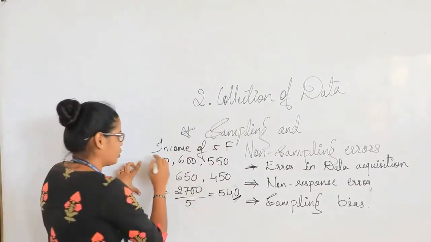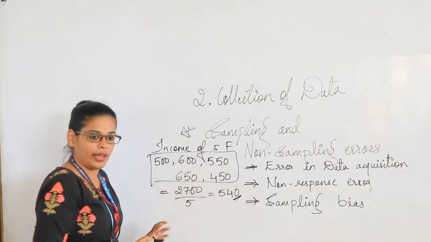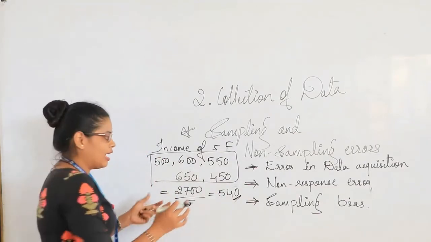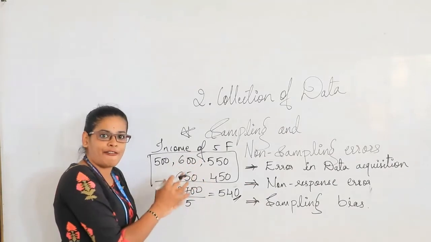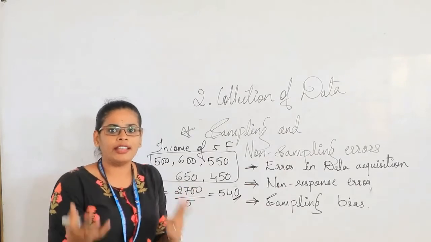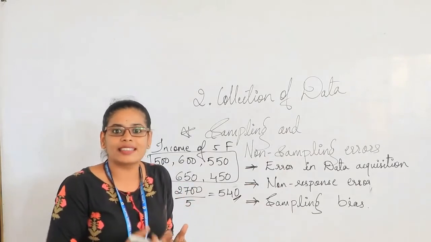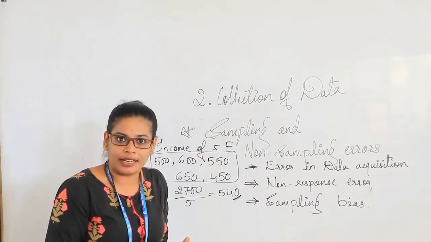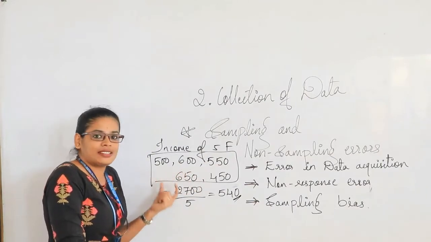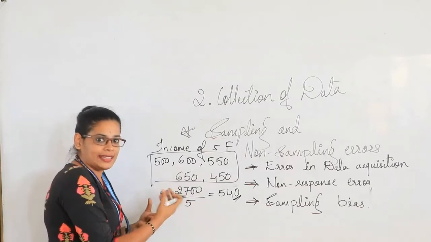Now, this is the total population for me. I want to take a sample out of this, because when we just have 5 families, it's easy for us to calculate, right? But when you have 5,000 families, then it's quite difficult to calculate. That's the reason I'm just showing you the example here.